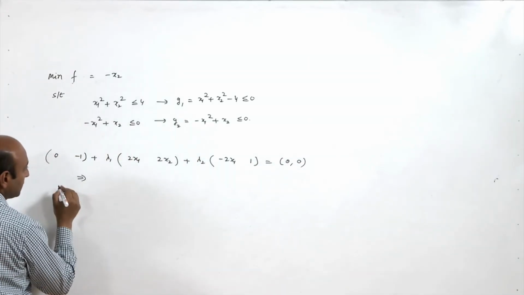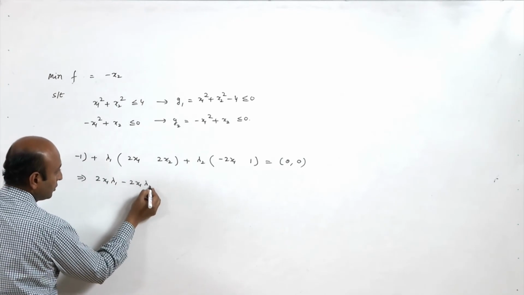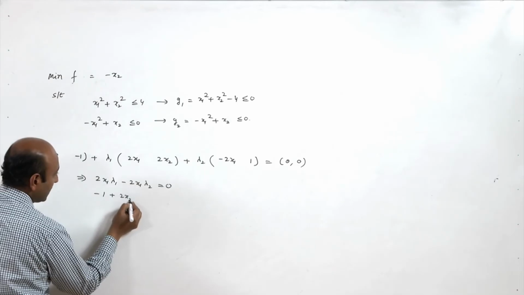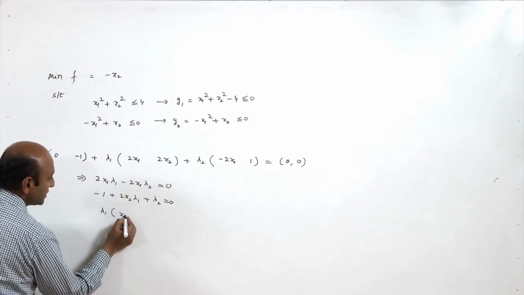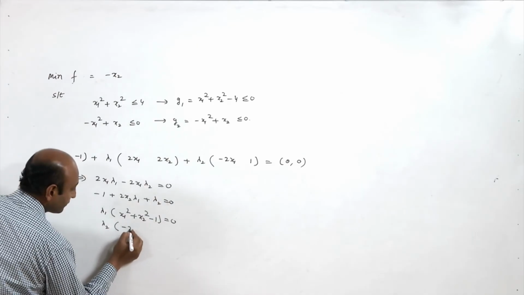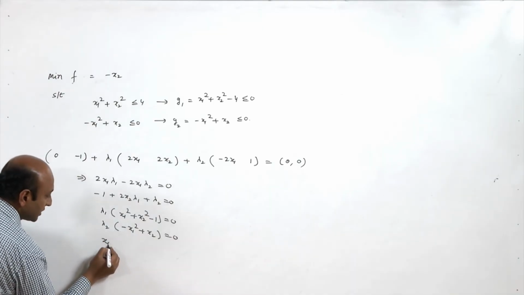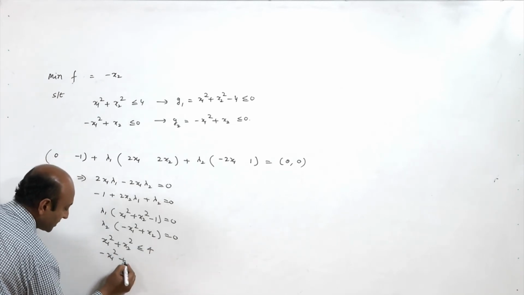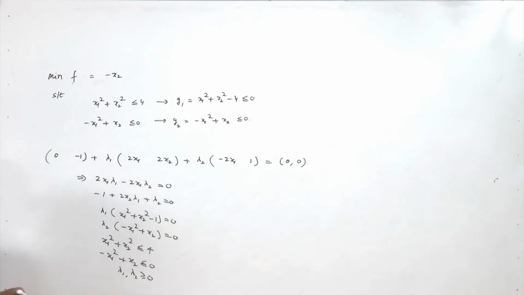So, this implies 2x1 lambda 1 minus 2x1 lambda 2 must be 0, and minus 1 plus 2x2 lambda 1 plus lambda 2 must be 0, and lambda 1 times the first constraint, lambda 2 times the second constraint must be 0, and the feasibility conditions x1 square plus x2 square should be less than or equal to 4 and minus x1 square plus x2 less than or equal to 0, and multipliers must be non-negative. So, these are the KKT conditions.